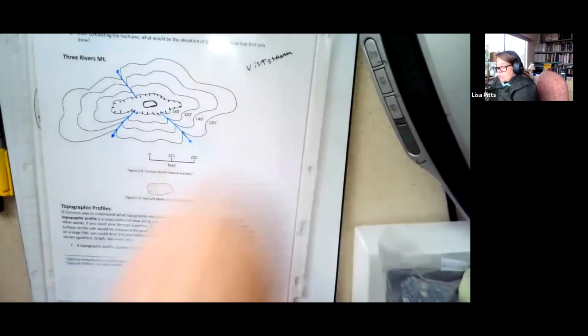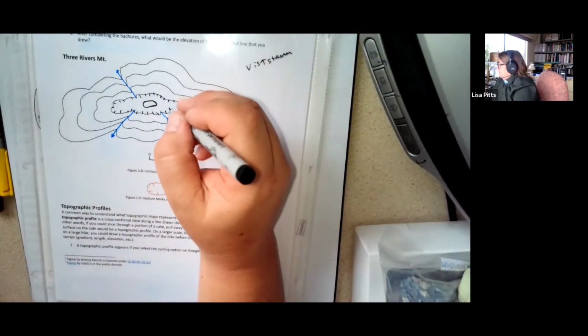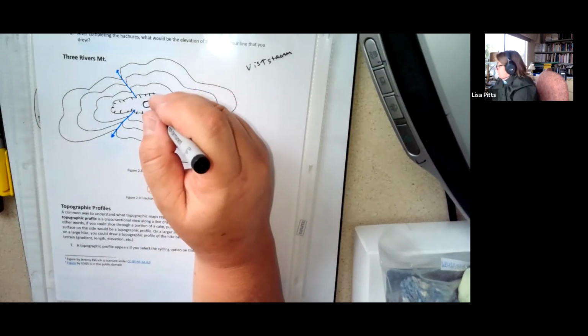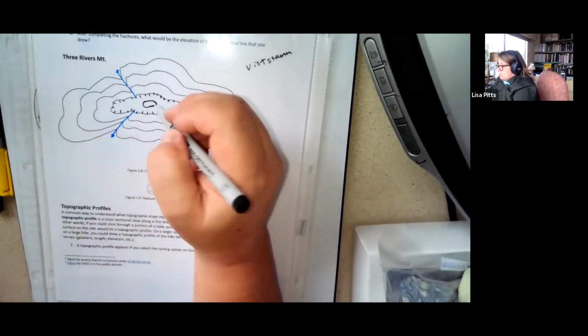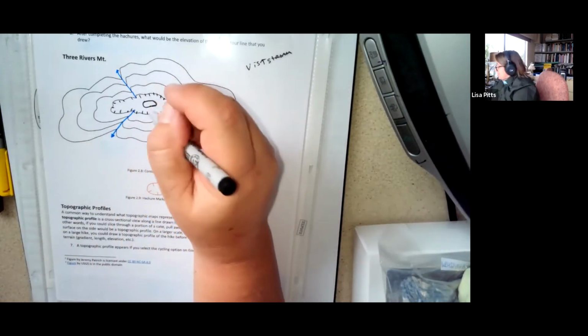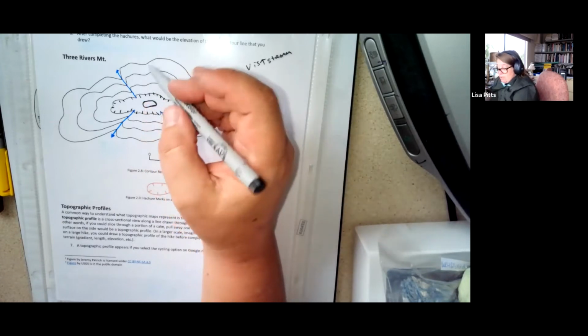So these little things are called hachures, which tell you as the map reader that instead of this being higher, it's actually sloping down to the one below it. So technically the bottom of the lake in this particular case is 160 feet.